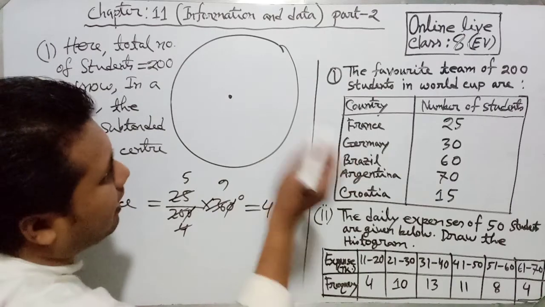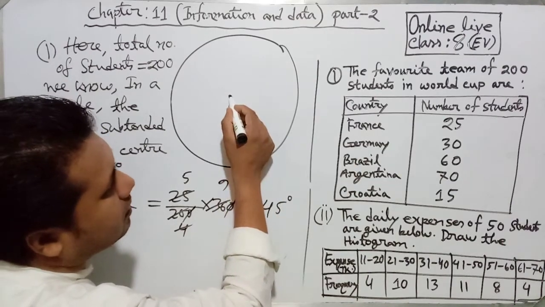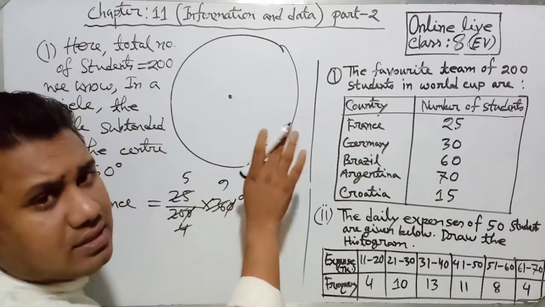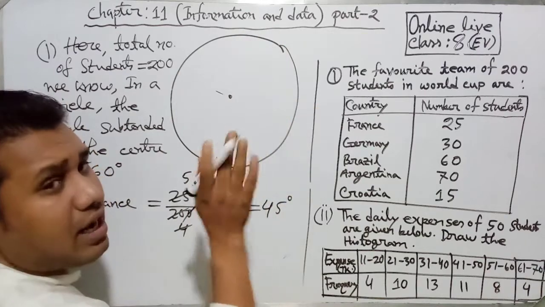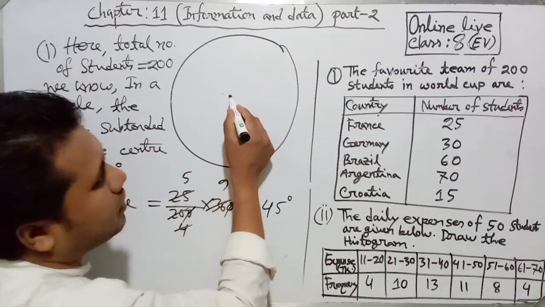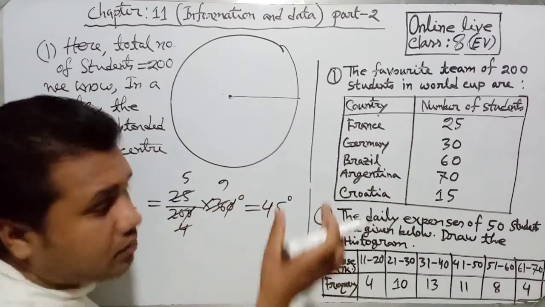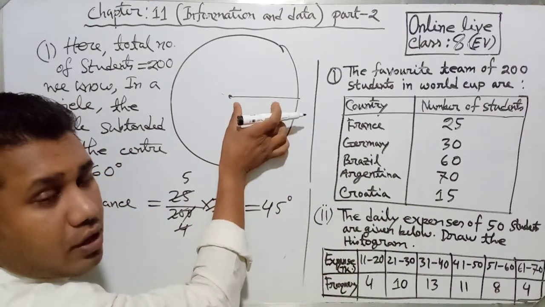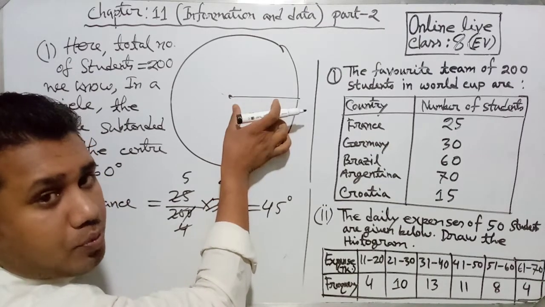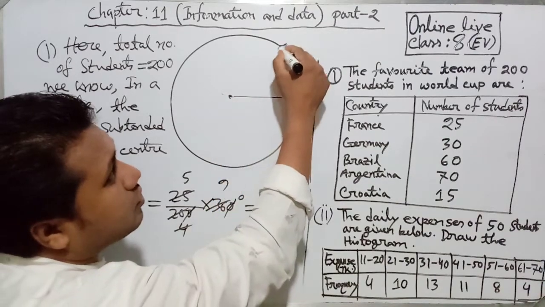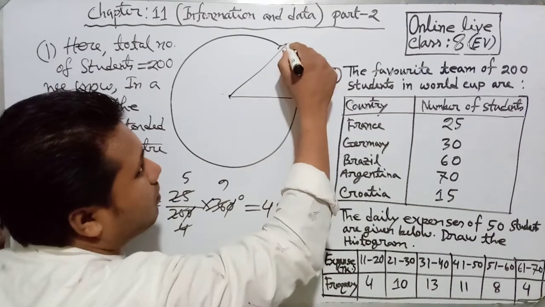That means at first, look, draw any radius, any type of radius you can draw. Suppose at first we draw this one. Now take your protractor, set it up, and look, suppose this is 45 degrees.